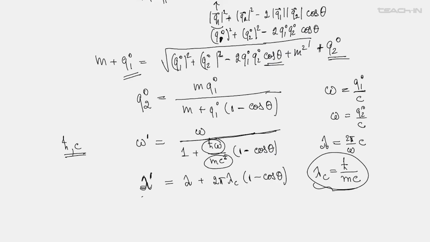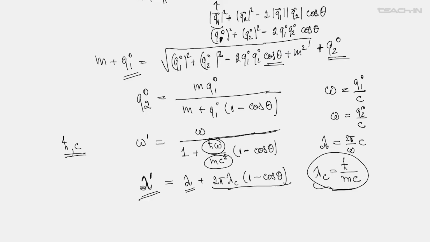So to the wavelength of the incoming photon, you add some positive number, because cosine theta is less than 1. And this means that a scattered photon is always red shifted. Its wavelength is bigger with respect to the incoming photon.